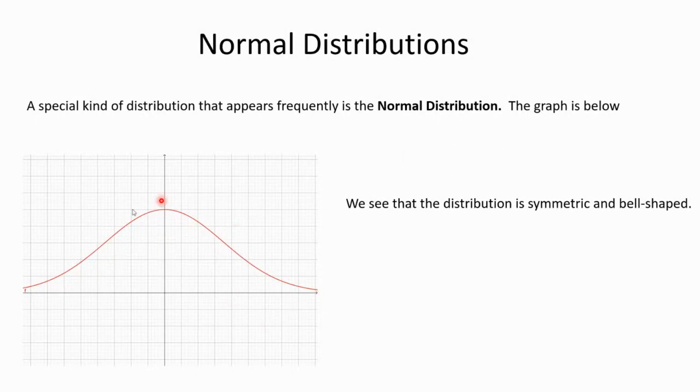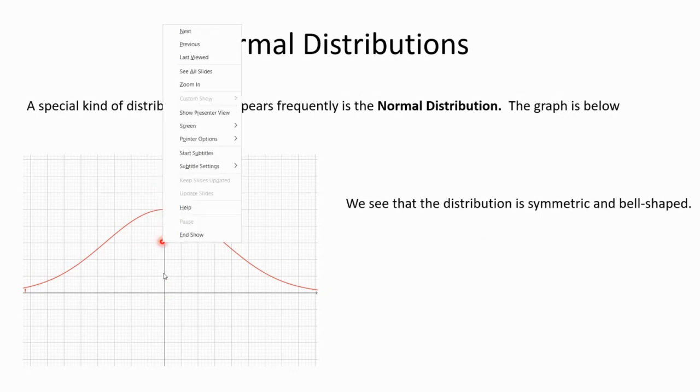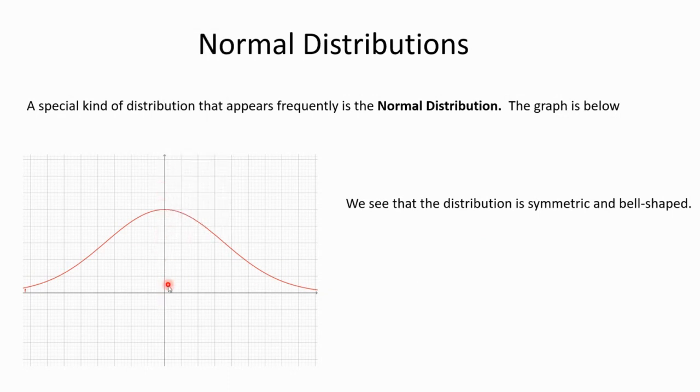But this is what the normal distribution looks like. If you had a histogram and you imagined drawing a smooth curve, like we just said, and the curve looks something like this, you get a normal distribution. Notice it's symmetric about this line in the middle, and it's also bell-shaped.